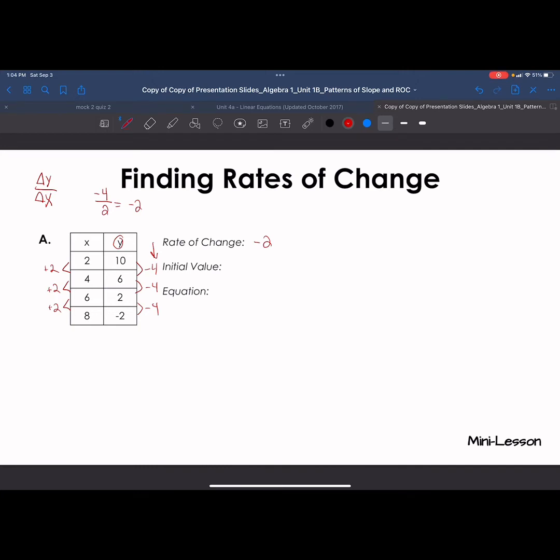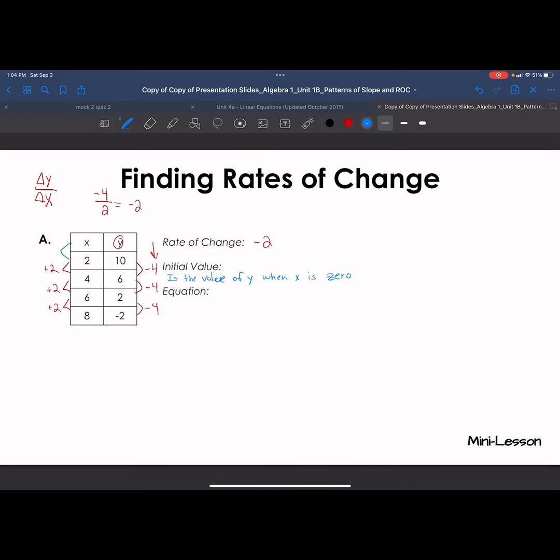Now my initial value. The initial value is the value of y when x is 0. Well, in this case, we don't have an x equals 0. But this table is simple enough that we can work backwards. If we're adding 2 here, working backwards is subtract 2.